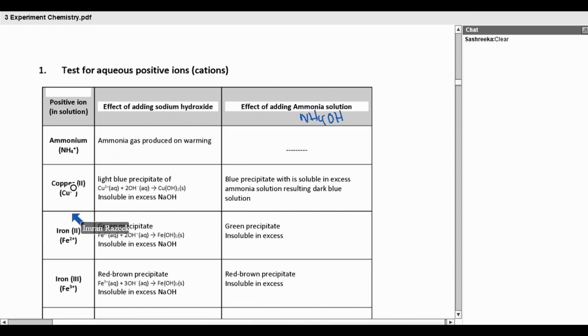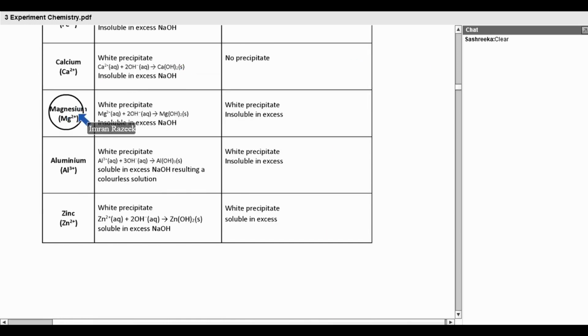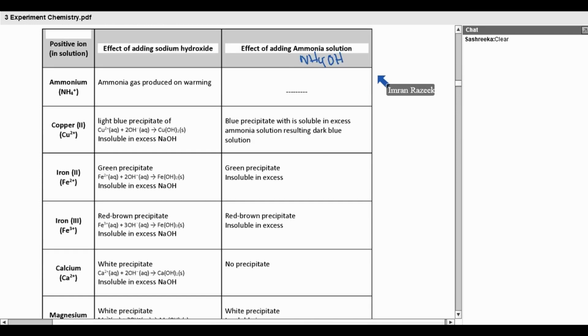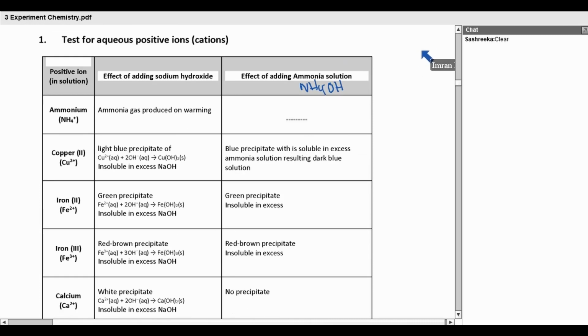Also, these are not group 1, group 2 elements, except for magnesium here, which is group 2, because most of the group 1 elements you cannot identify by precipitation test. To identify the group 1 cations, you have to carry out a flame test. But most of the d block elements can be identified by their characteristic colors in the presence of strong alkali as well as weak alkali.